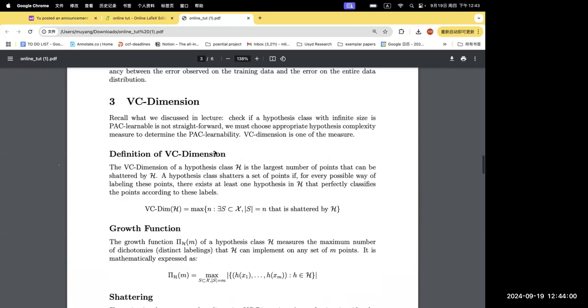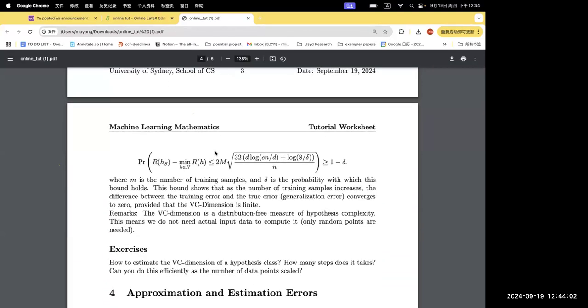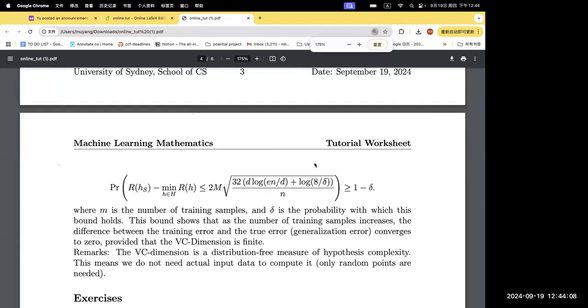If you recall the generalization error bounds we presented in the lecture, which we restate here, this is the generalization error bound of the VC dimension. This term here is epsilon, which tells us what our prediction error looks like. And this one here is delta, which is the probability of this event happening, so how probable it is for our algorithm to be approximately correct.